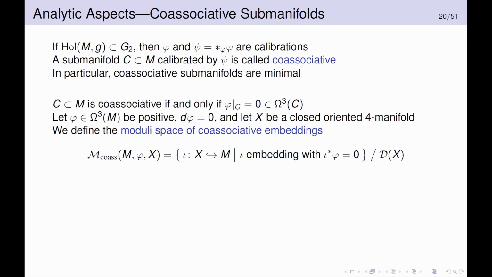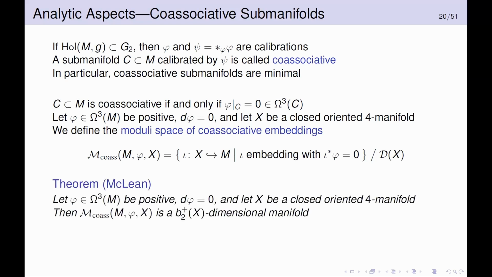So there's more than one moduli space, and now you could ask what you can learn from the coassociative submanifolds about the G2 manifold. First of all, if you have given one, you want to know if there are others nearby.